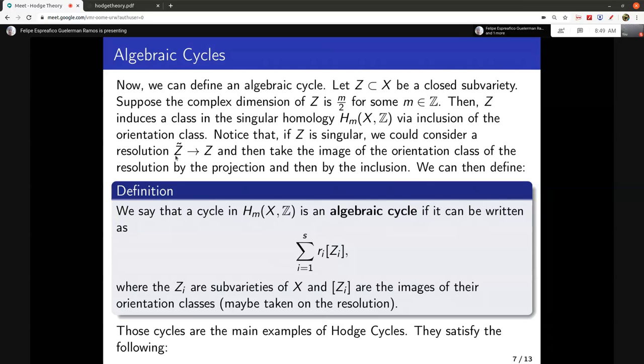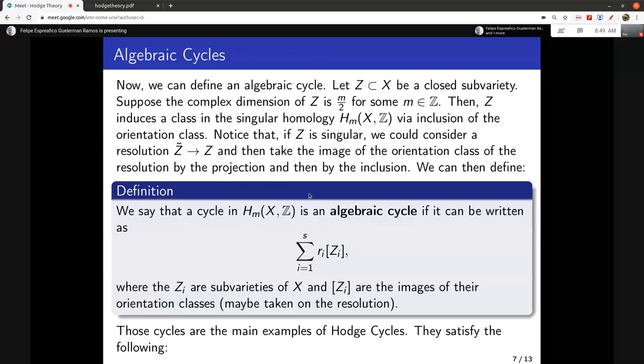And now Z tilde, which is smooth, sorry. And then, of course, this has an orientation class, and we can include the orientation class by projecting with this map and then including in X, right?